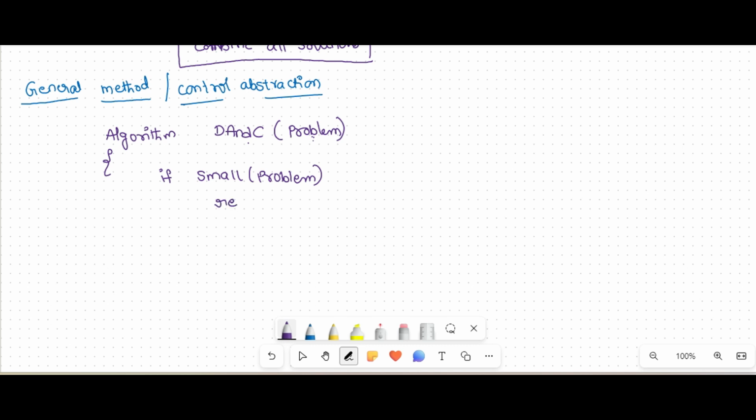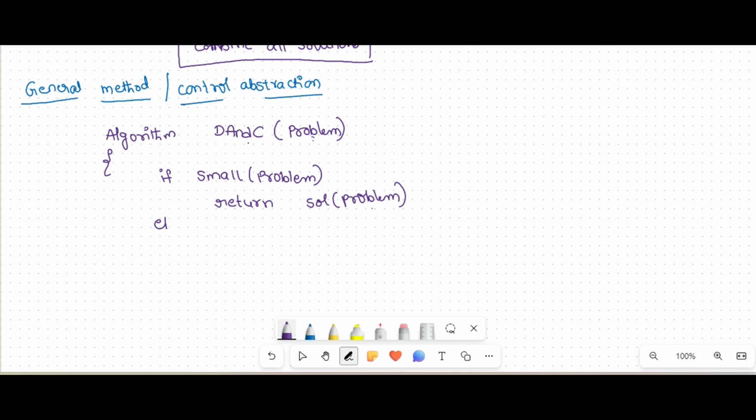That's why here we are writing return solution for the given problem, whenever the problem is small. So we find the solution to the problem, and then directly return it.